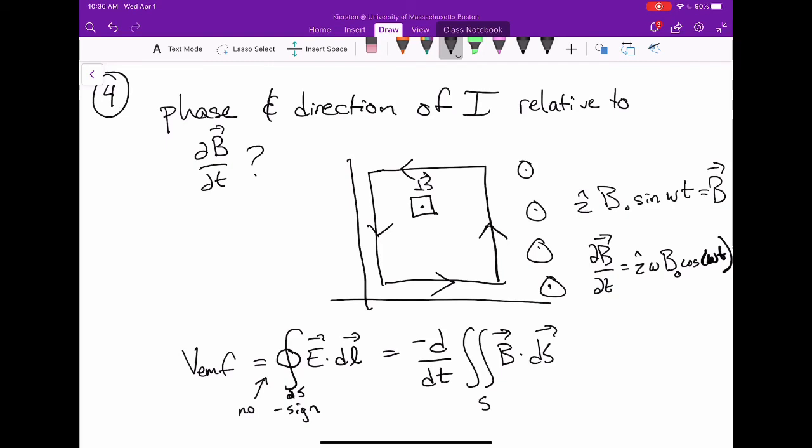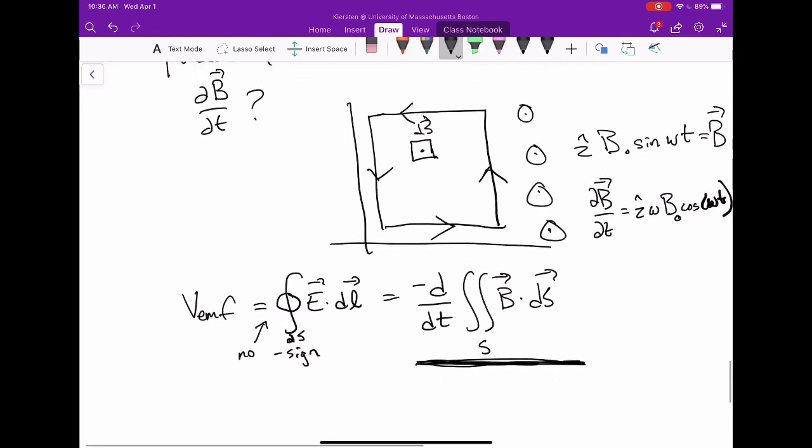So, if this time derivative of the flux is z-directed, and it has a minus sign, that means that VEMF has to be in the minus right-hand rule direction of the time derivative of the flux.